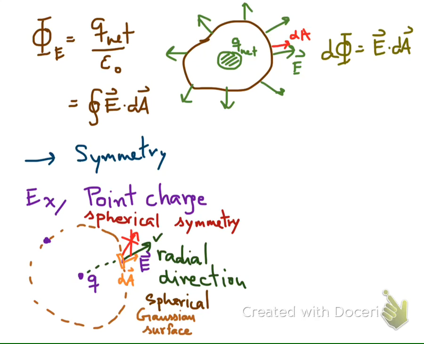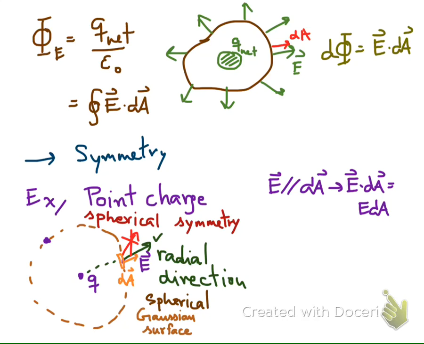We have that E is parallel to the vector dA. So it means that if we calculate E dot dA, it must equal the magnitude of E times the magnitude of dA, like this.